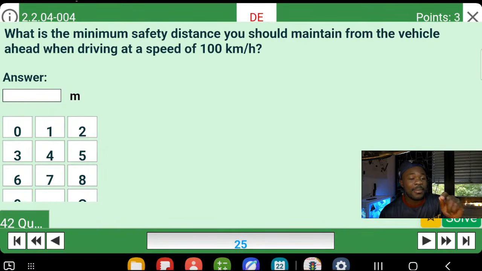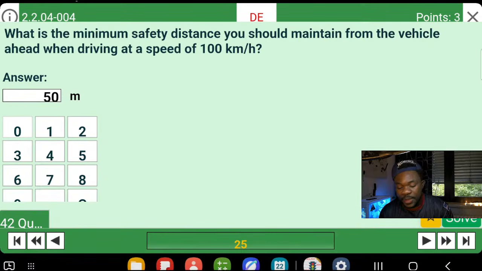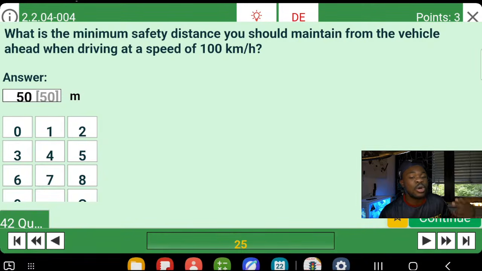In this case, my speedometer reading is 100 kilometers per hour. So what is half of 100? It is 50. So I need to keep at least 50 meters if I'm traveling at 100 kilometers per hour behind somebody. Don't forget, the distance you keep between you and the person traveling in front of you is called the safety distance. That's what you need to understand.